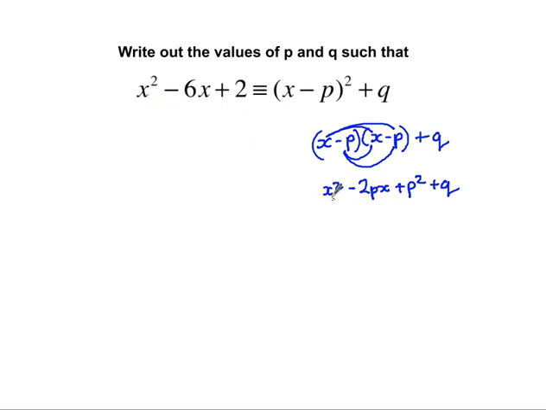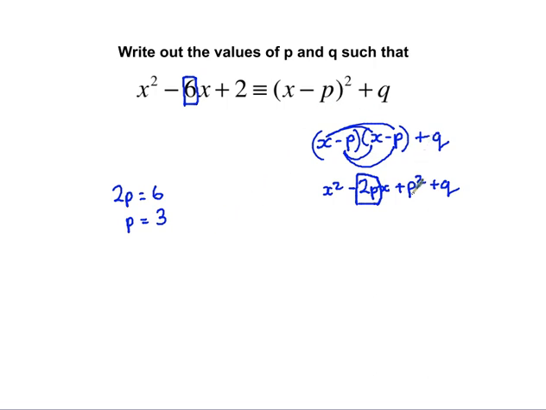We've got our x squared term, and we've got our x squared term. We've got minus 6x is minus 2p. So the 2p bit here has to be referring to this 6 here. So we've got that 2p is 6, so p must be equal to 3.